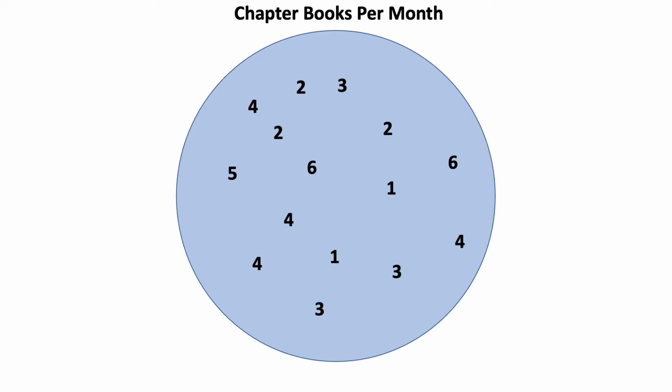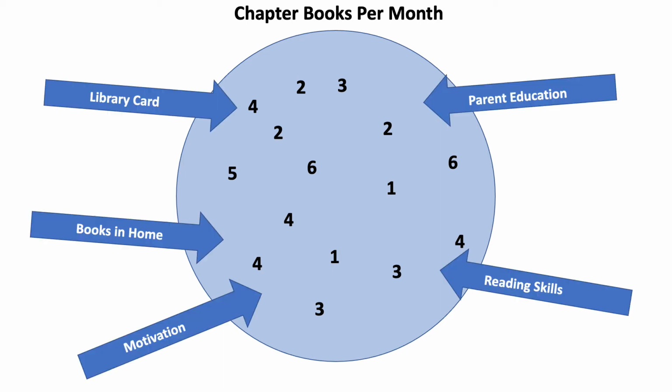These are made up numbers, but let's say we took a bunch of fourth graders and we wanted to know how many chapter books they read each month. So this circle represents our sample and the number of chapter books the kids read each month. Now there are a lot of things that could influence or explain why those numbers are so different.